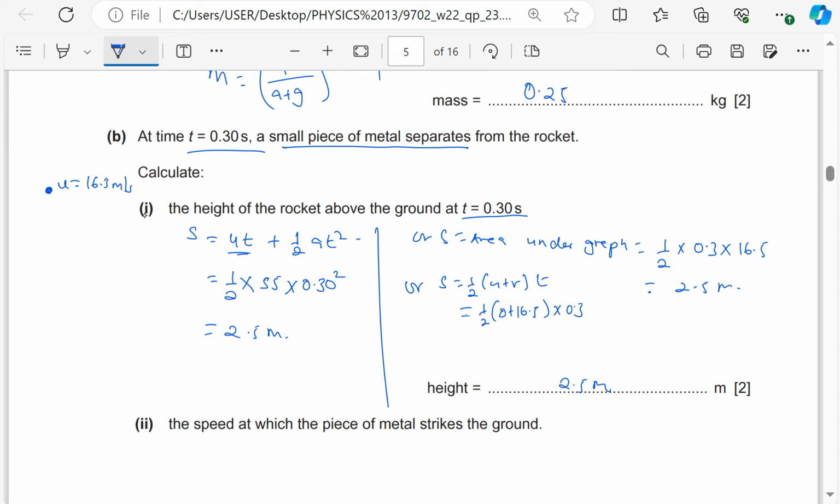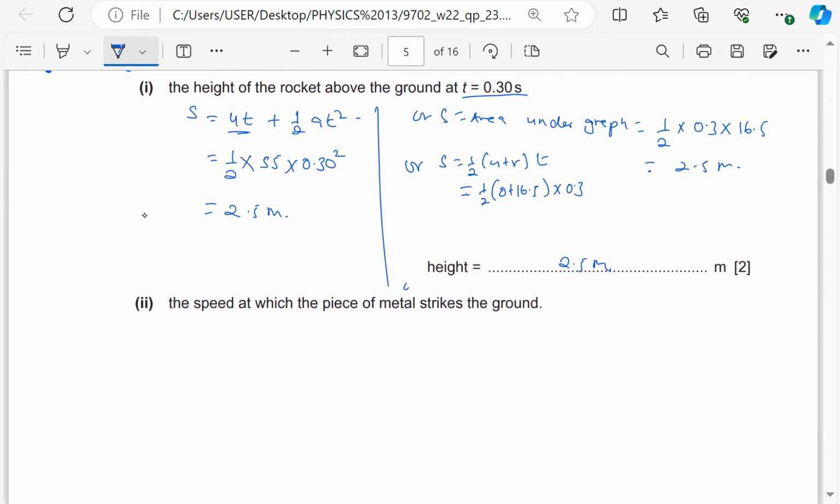You could also use v squared equals u squared plus 2as. Which means final velocity is 16.5, that is after 0.3 seconds, squared, equals, started from 0.